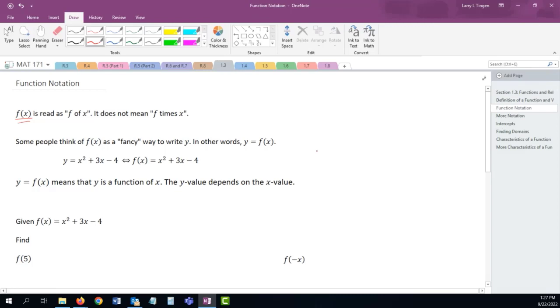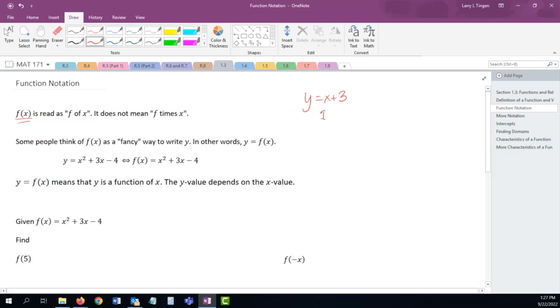I'm not looking at f times x. Okay. Some people say f of x is just the Grey Poupon of math, where it's the fancy way to write y. So y equals x plus 3 is a function. It's a function because this is a linear equation. It's a line. Straight lines, as long as they're not vertical, will never fail the vertical line test.